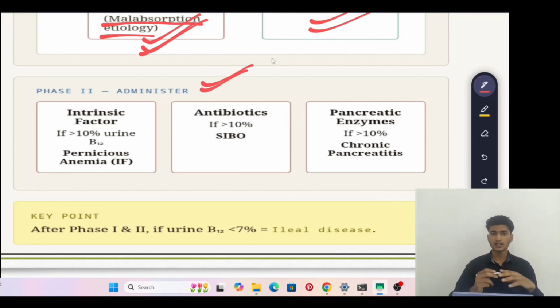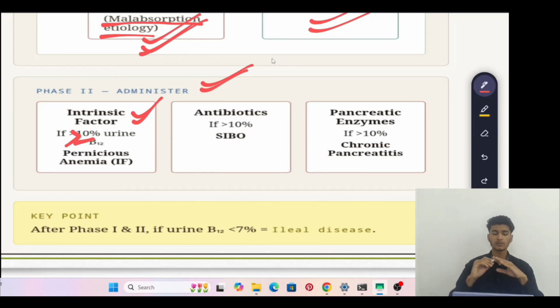In phase 2 of Schilling's test, there will be administration of other substances along with the radioactive vitamin B12. First, intrinsic factor: we administer radioactive vitamin B12 along with intrinsic factor. If the percentage of vitamin B12 in the urine is more than 10%, we will say that the patient is normal.